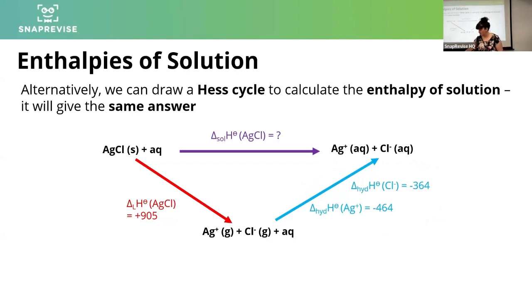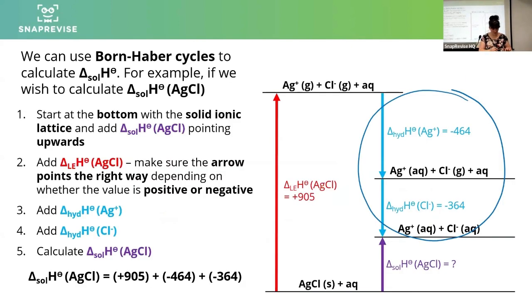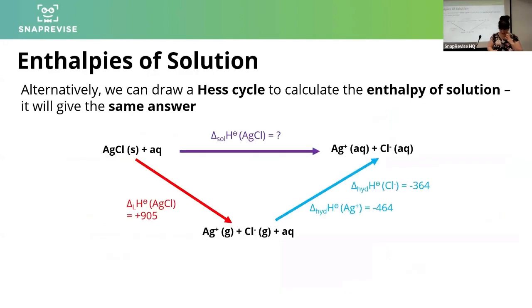Right, I have rushed through that and I'm really sorry. In both cases, here we came up with enthalpy change of solution as being positive 77 kilojoules per mole. So hopefully if you plug those numbers in, you will get that as an answer. And the same for the Hess cycle.